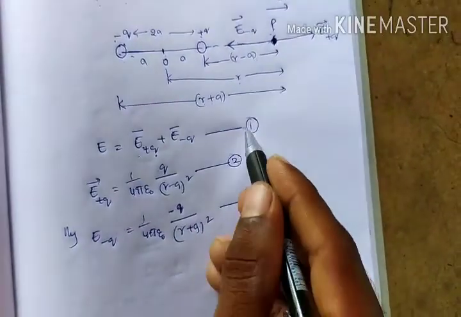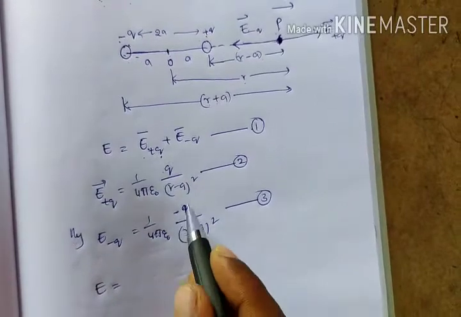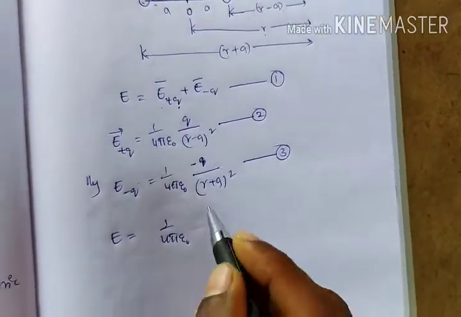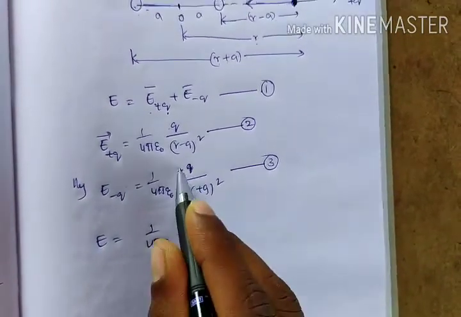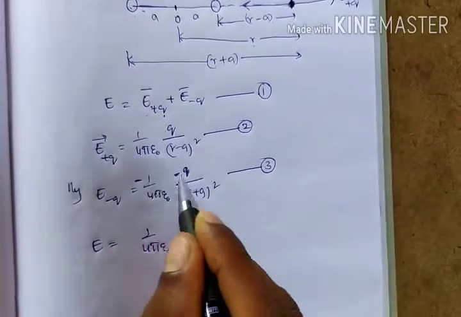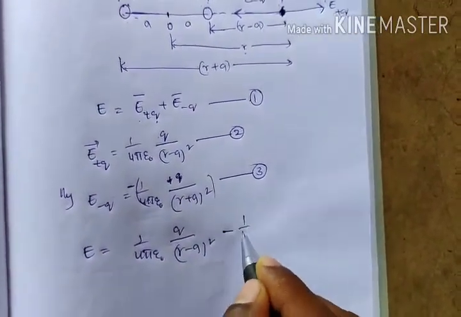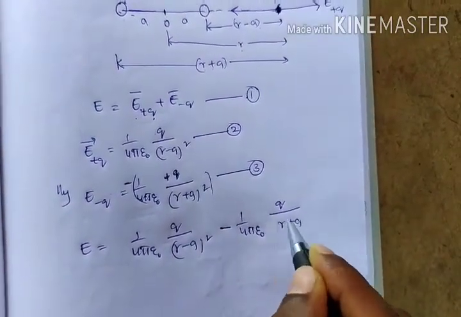Equation 2 and 3 substitute in equation 1. The effective formula is equal to, direct step I am writing here, 1 by 4 pi epsilon naught q by (r minus a) whole square, minus 1 by 4 pi epsilon naught q by (r plus a) whole square.